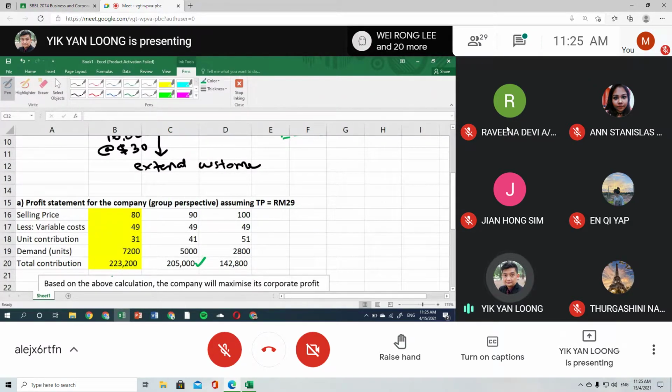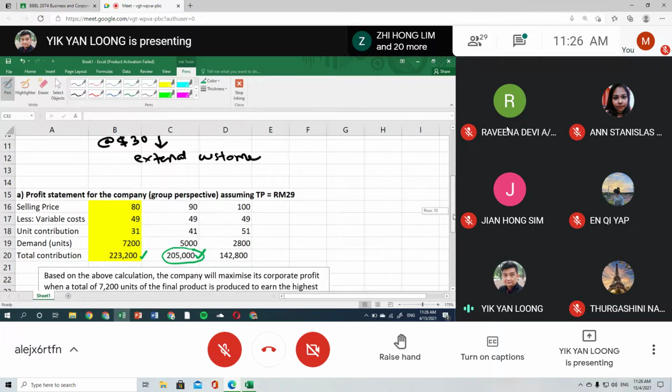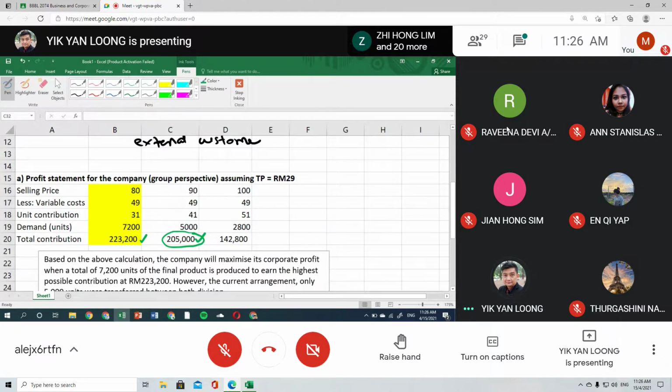So instead of transferring 7,200, only 5,000 are transferred, therefore only 205,000 contribution will be earned. So we can say that the transfer price at 29 is inappropriate and will lead to suboptimal decisions to be made. All right, so how do we explain this then?